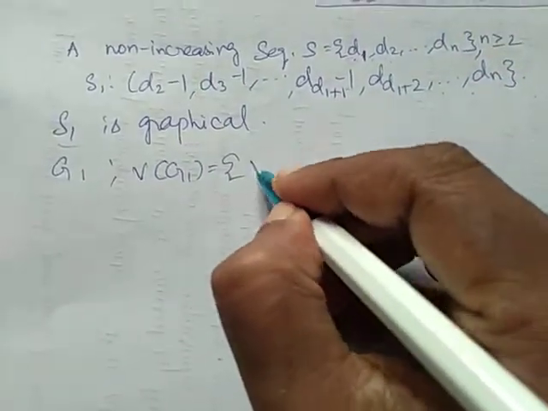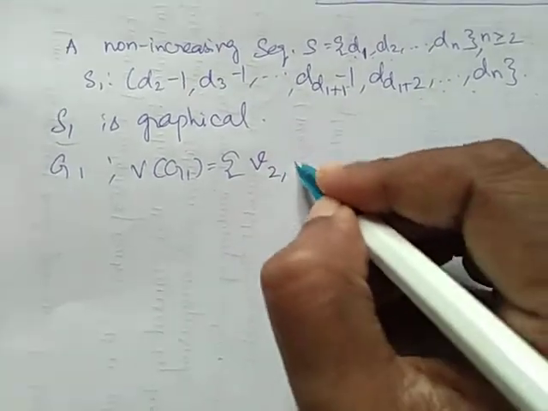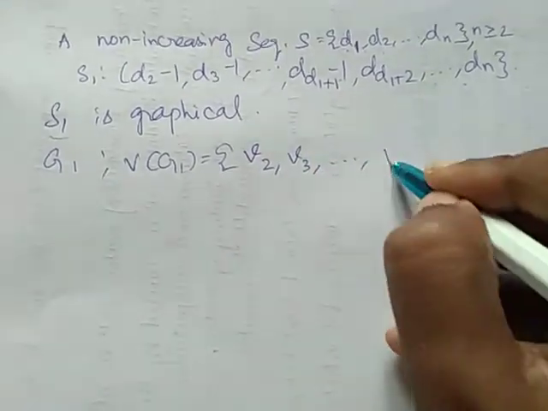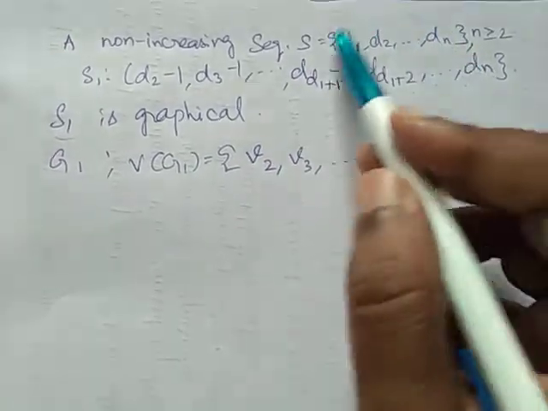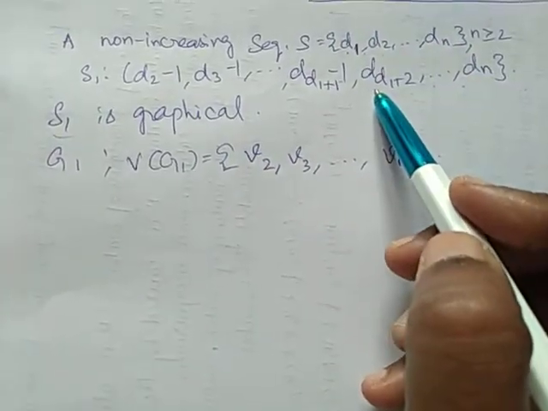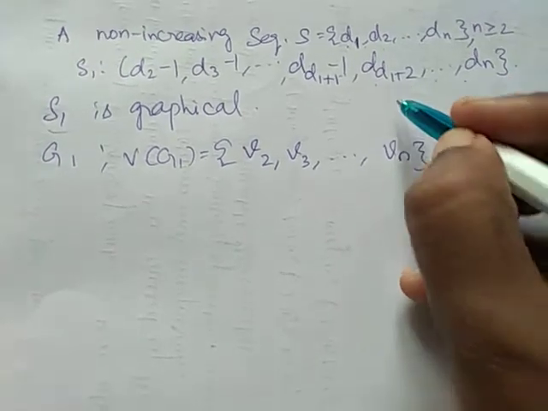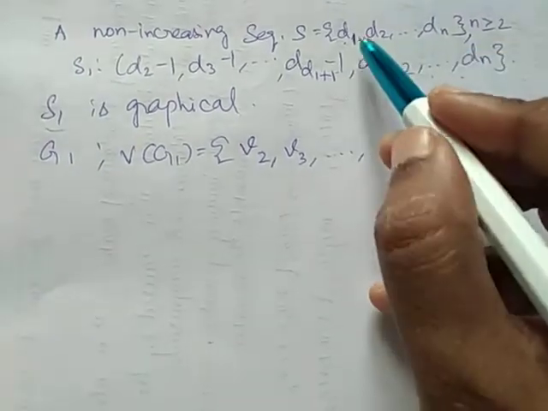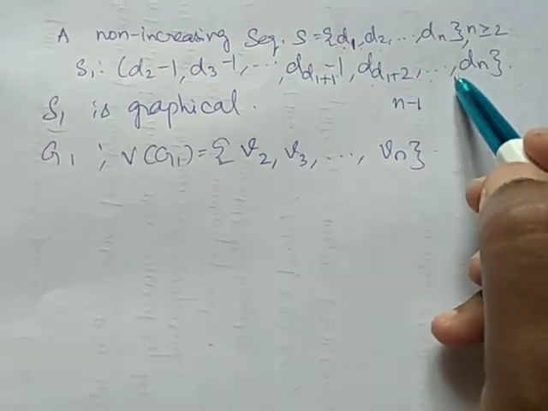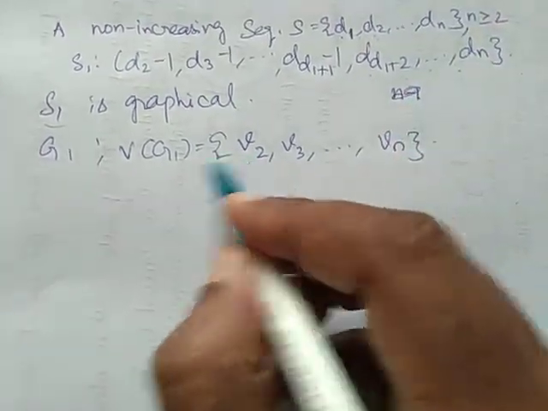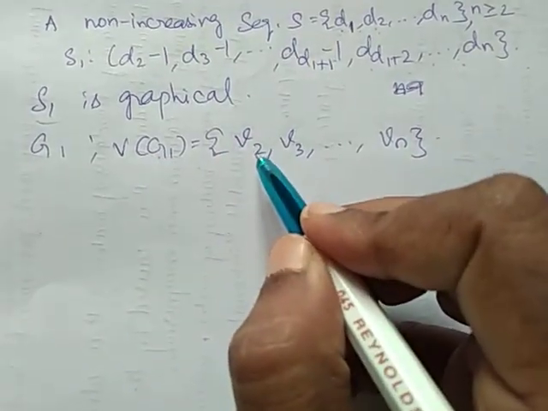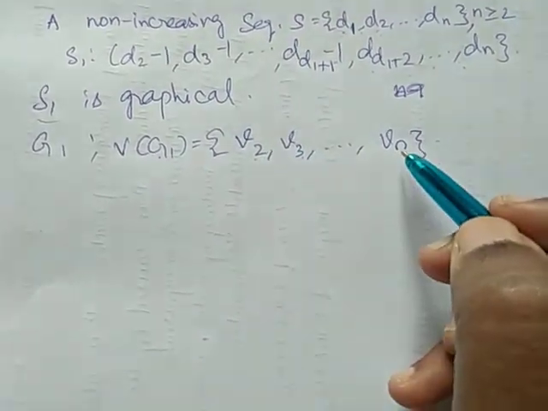So for convenience I am writing it as V2, V3, etc., Vn. If here we have n vertices, here obviously we have n minus 1 vertices. If this is 10, this will be 9, because we are starting from the second term. Therefore, G1 has vertices V2, V3, etc., Vn.